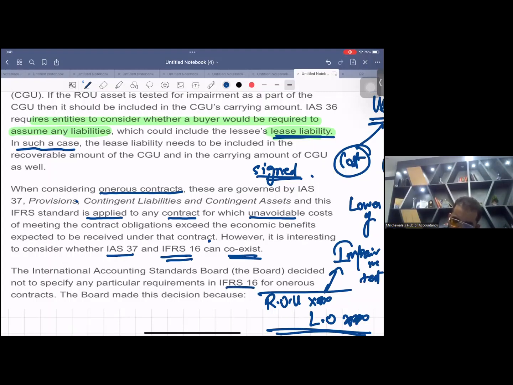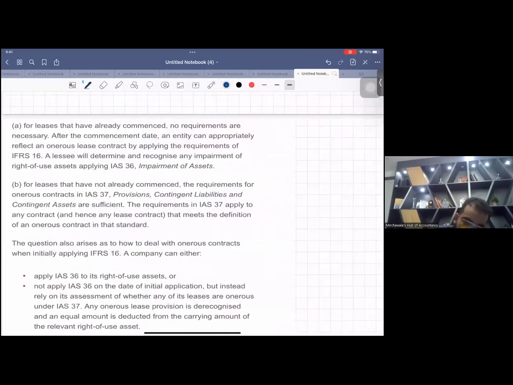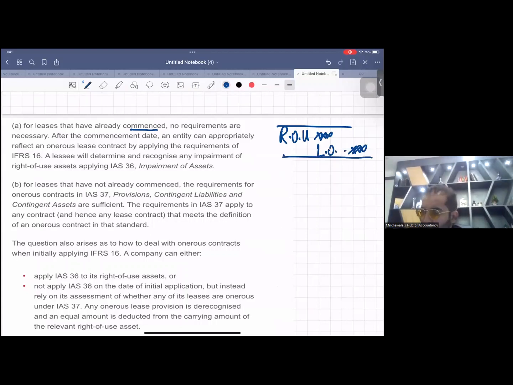The board made this decision because, listen now, this is the solution. For leases that have already commenced, that means leases for which you have already made the entry ROU debit and lease obligation credit, an entity can appropriately reflect an onerous lease contract by applying the requirements of IFRS 16.